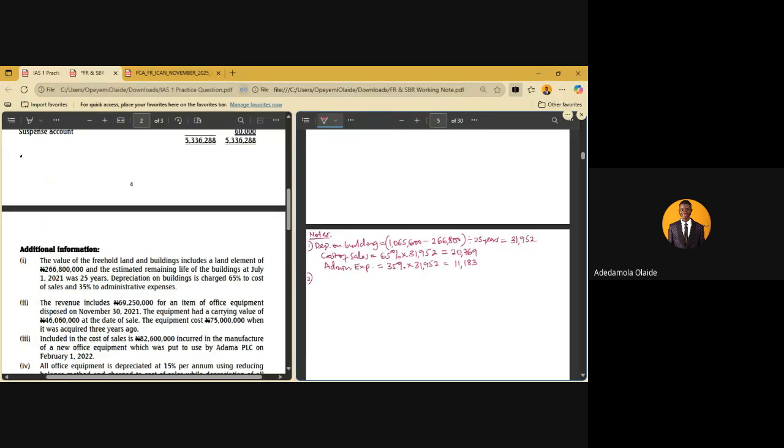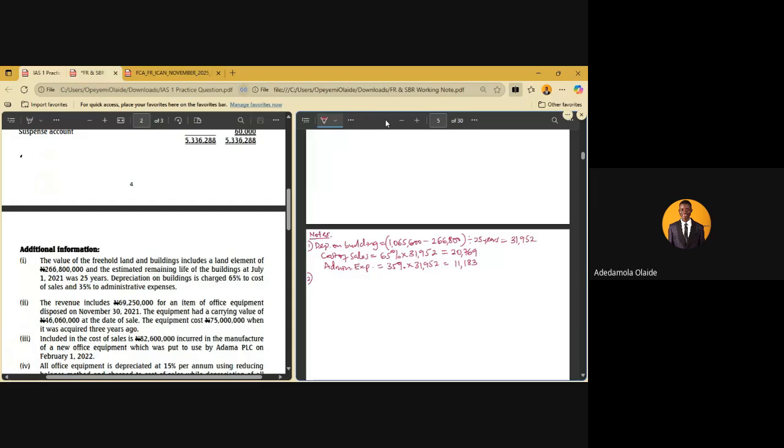So the next additional information we have: the revenue includes 69,250,000 for an item of office equipment disposed on November 30, 2021. The equipment had a carrying value of 46,060,000 at the date of sale. The equipment cost 75 million when it was acquired 3 years ago.